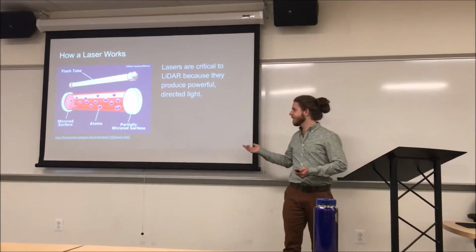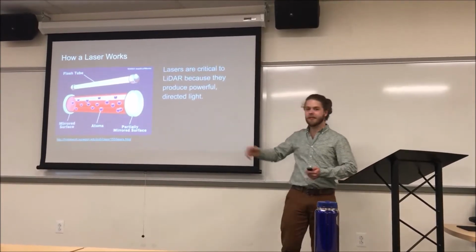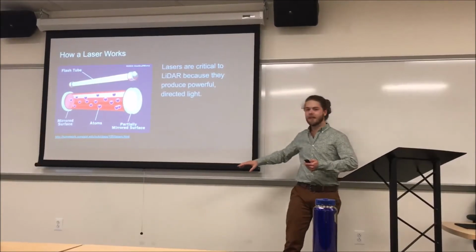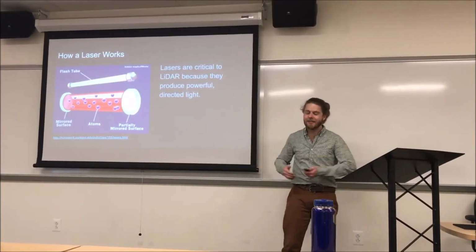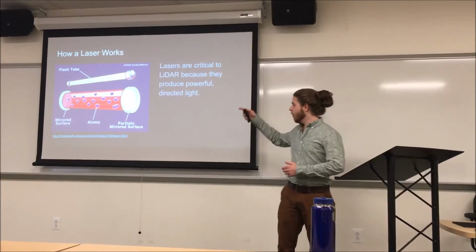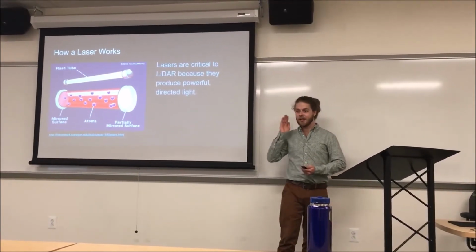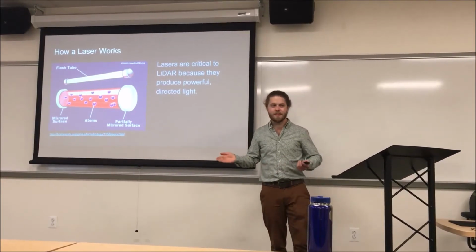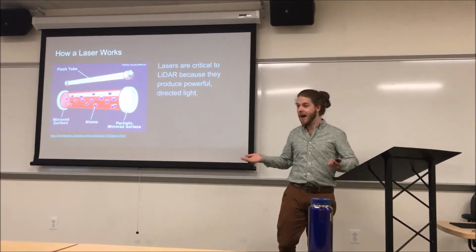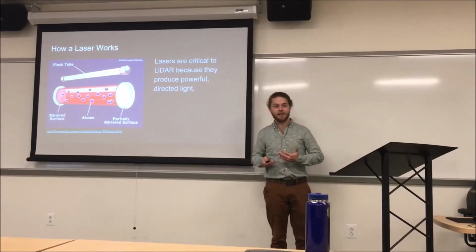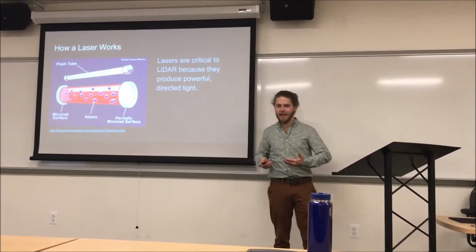And depending on the design of the laser, that's either a partially mirrored surface, so that some of the photons can travel out through that side of the laser column, I guess. Or there's sometimes a small hole, so that some of the photons can escape. And the result is a very directed and omnidirectional beam of high energy, powerful light.